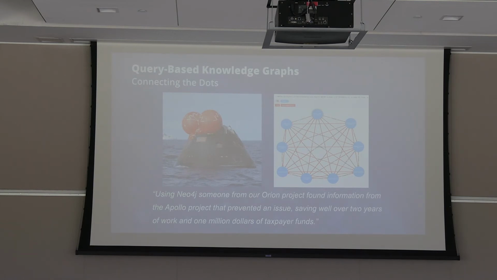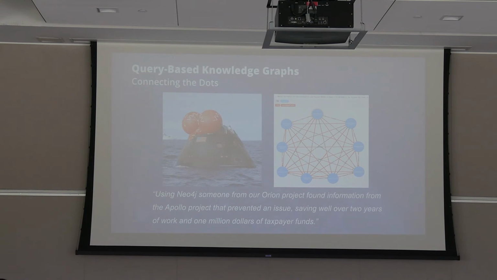They knew they had built a similar capsule during the Apollo project, but they couldn't find the valuable information they needed from their lessons learned. They had all of these documents with all of these lessons in them, but couldn't find the information about the specific parts of the capsule they built for Apollo, in order to apply the goods and the bads of that project to this new one.